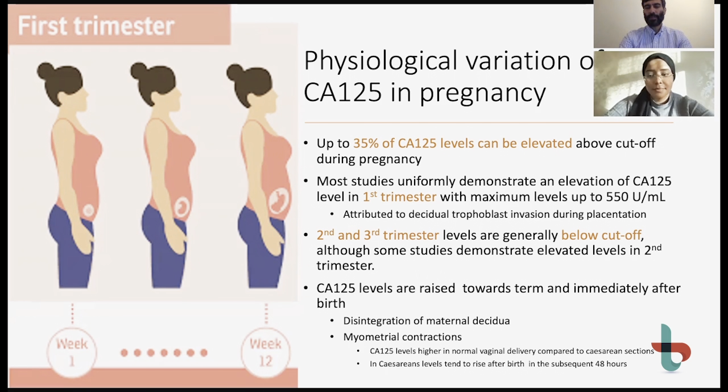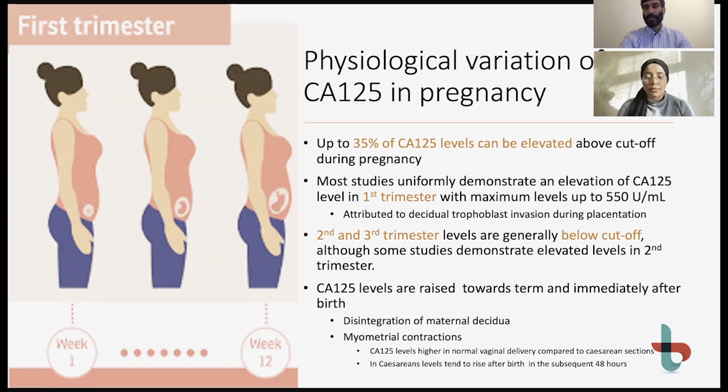Also, CA125 is raised in patients with ovarian cancer, and the role of CA125 would be to suppress natural killer cells, and it helps cancer to metastasize. This immunomodulatory action may play a role during pregnancy.